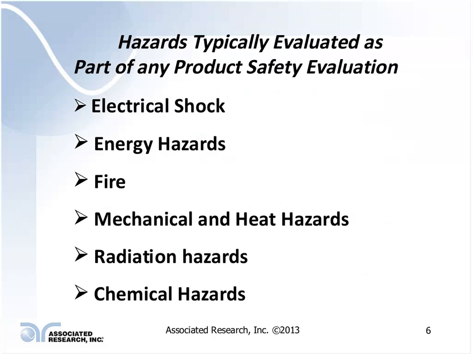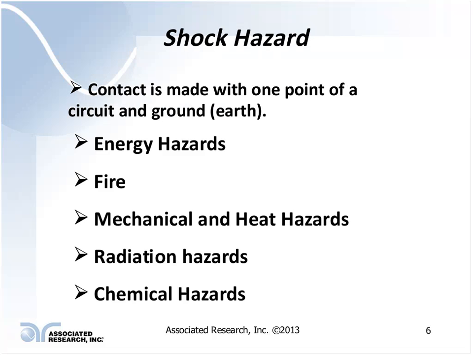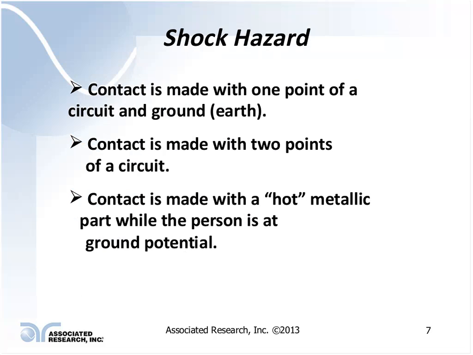Fire hazards, mechanical and heat hazards, radiation hazards, chemical hazards. All of it depends highly upon the category or the type of product that you're testing and what its actual function is. So depending upon the function of the product, you may have different types of hazards that are evaluated on the product itself.